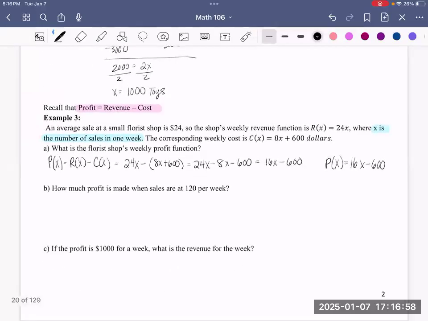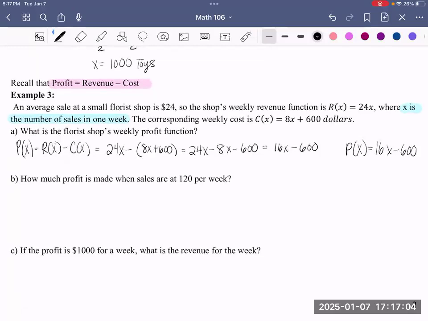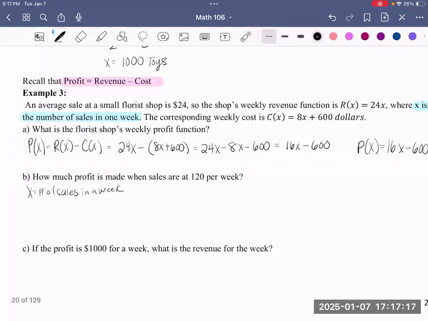So how much profit is made when sales are at 120 per week? Well, keep in mind, x is the number of sales in 1 week, and they told us this is per week.